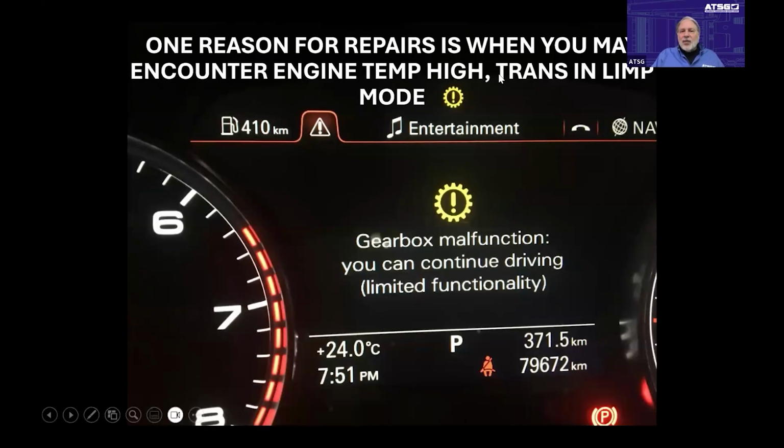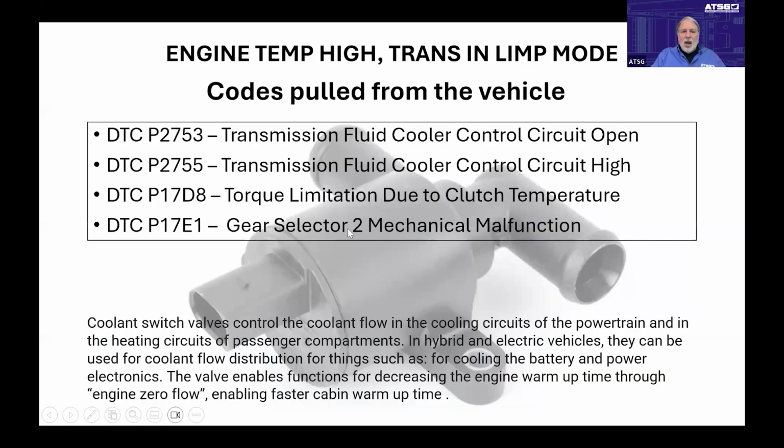Now, one reason for repairs you may encounter is engine temp high or trans in limp mode because of an overheat condition, and of course you'll have limited functionality as a result. It would have codes where the transmission fluid cooler control circuit is open, or the transmission fluid cooler control circuit is high.